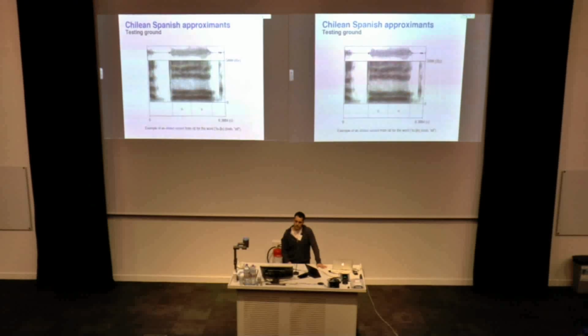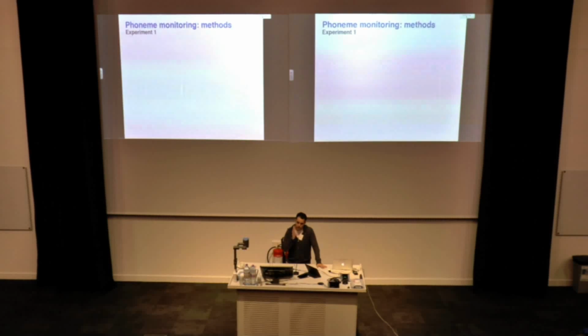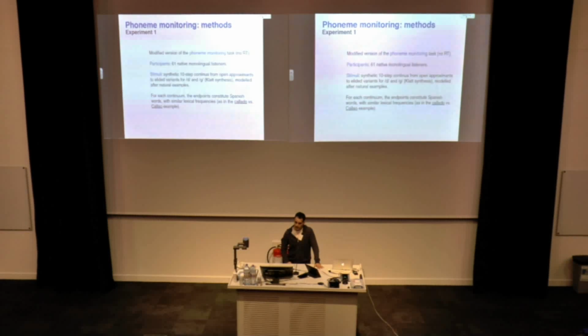So what we did was, the first thing we did was run a phoneme monitoring experiment. And the idea is to present to listeners a continuum from approximant to elision. And then we used a modified version of this task without reaction times. We had 61 native monolingual listeners.